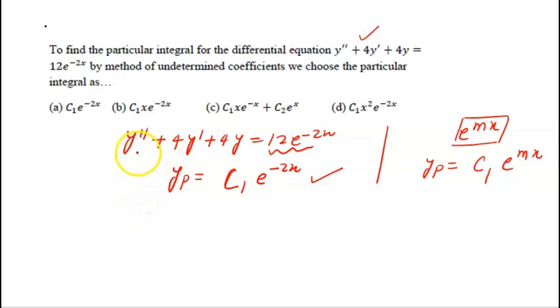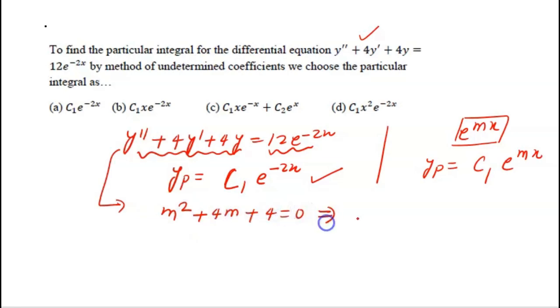So what is the complementary function for this non-homogeneous linear differential equation? If I ask you what is the auxiliary equation, we will say it is m square plus 4m plus 4 is equal to 0. So the roots will be repeated roots, that is m is equal to minus 2 and minus 2.